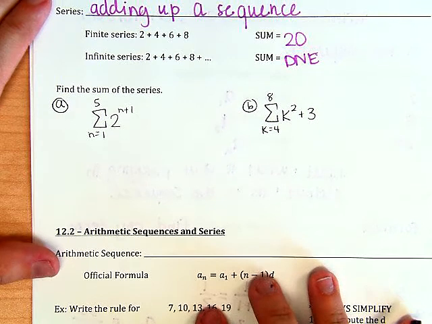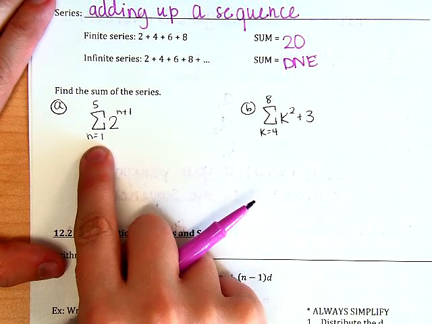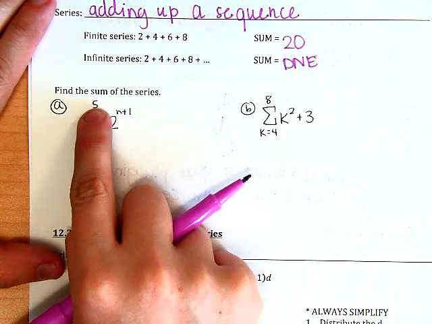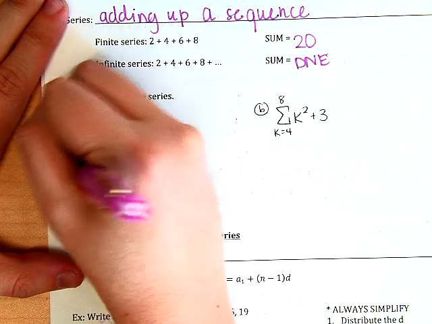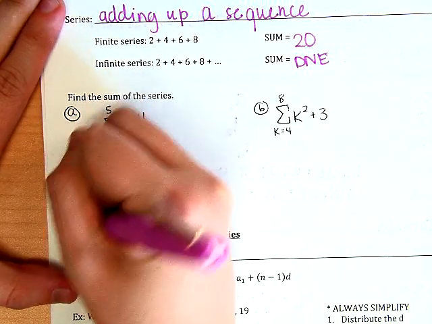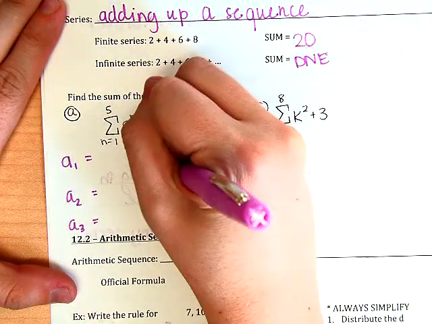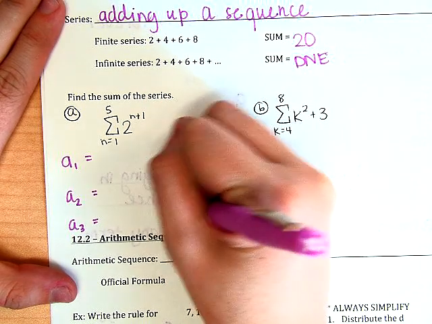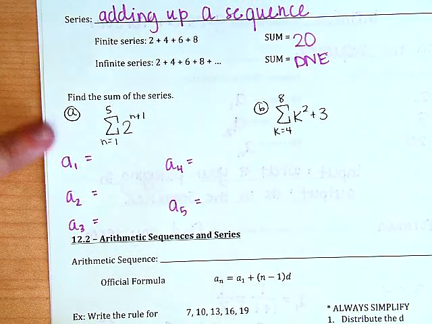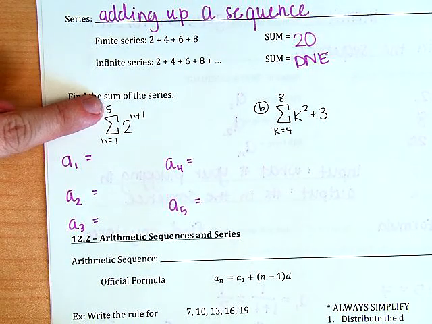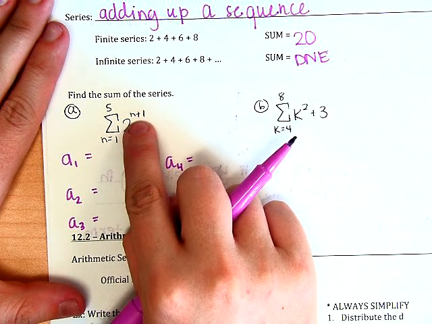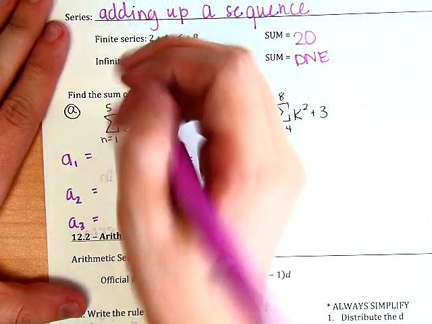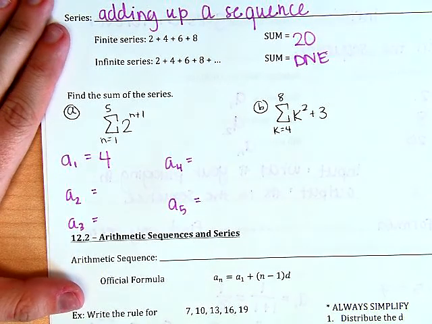Okay, last part. Find the sum of the series. So, it says I'm starting at 1 and going to 5, and this is my formula. So I need my first 5 terms. A1, A2, A3, A4, and A5. I need 1 through 5 because it starts here, goes to here. So A1, if I plug in 1 up here, 2 squared is 4.